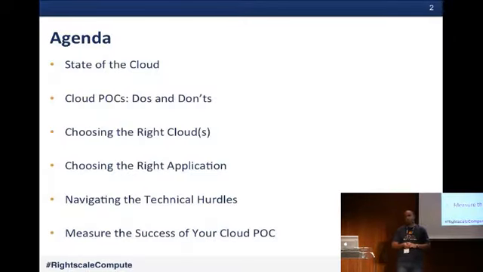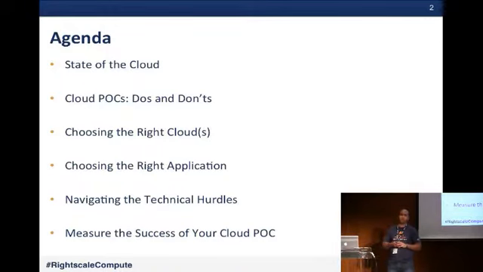In terms of the actual agenda, we'll start with a high level of the state of the cloud, where we are and how we've conventionally selected these types of infrastructure management tools, and how that translates into this cloud paradigm that we're working with. Then we'll walk through some best practices on cloud POCs and the recommended approach for handling them.